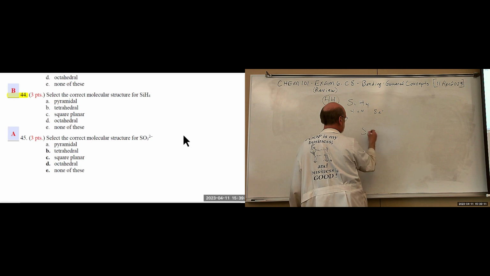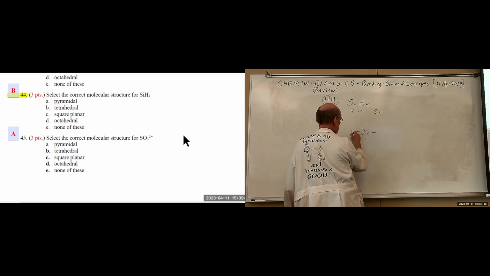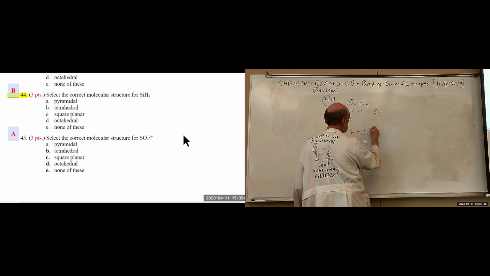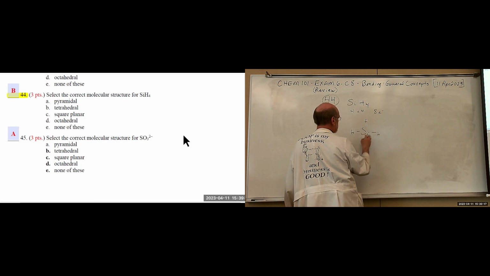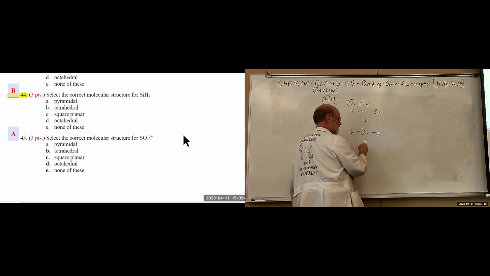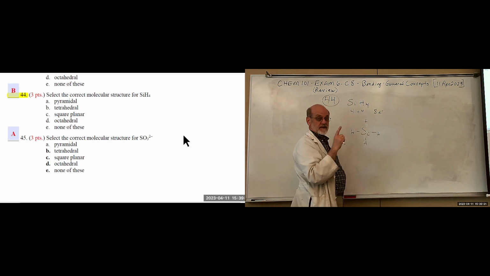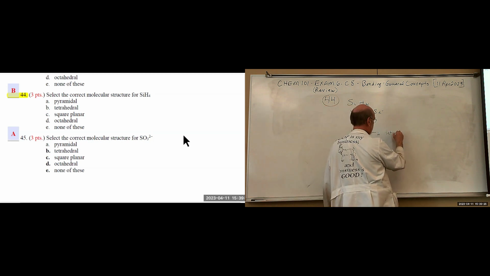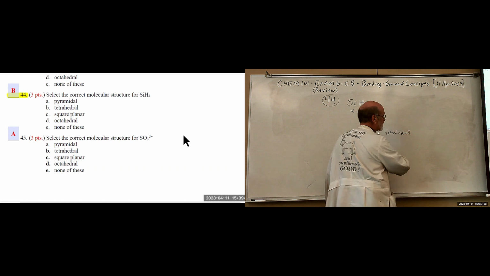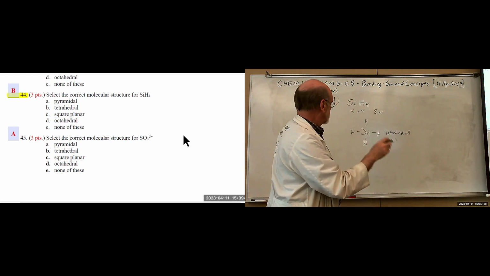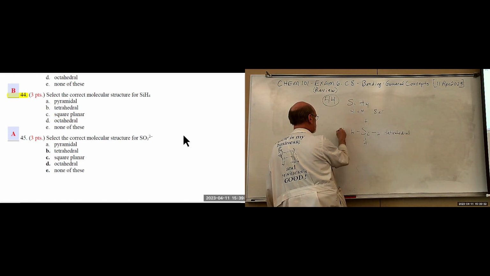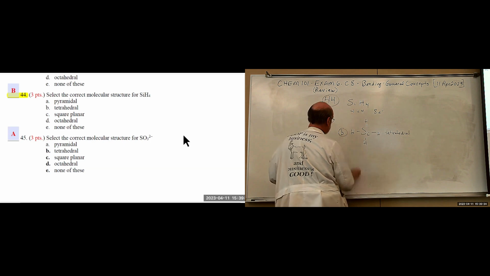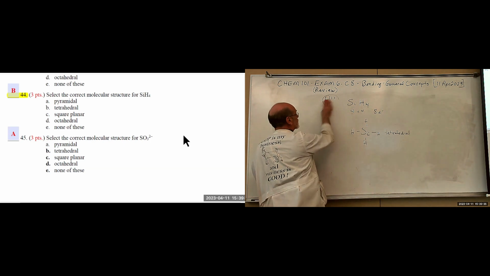Silicon, hydrogen, hydrogen, hydrogen, hydrogen. 2, 4, 6, 8. That's it. So 4 groups means tetrahedral. Which would be B. All right. That one went quick.